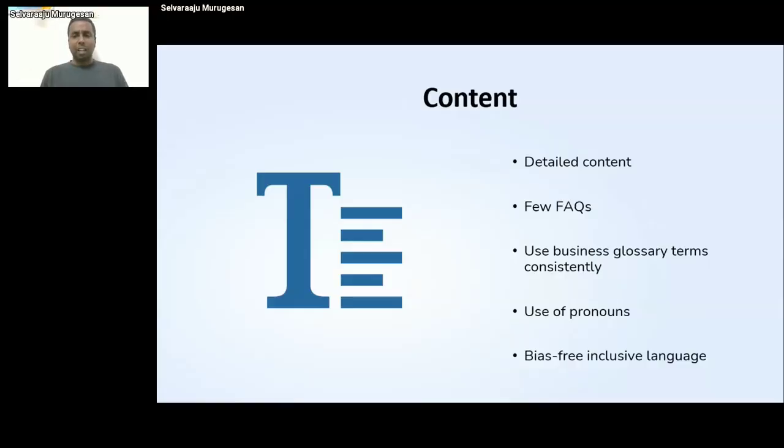The other aspect is you have to use business glossary terms consistently. I've been in many meetings where a lot of stakeholders talk about the same concepts, but they use synonyms. Let me give you an example. When I was in Australia working for a transport department, there are two departments there. One is called the roads department, who uses the terms roads and trips, and there is a roads operation people who also use the same term.